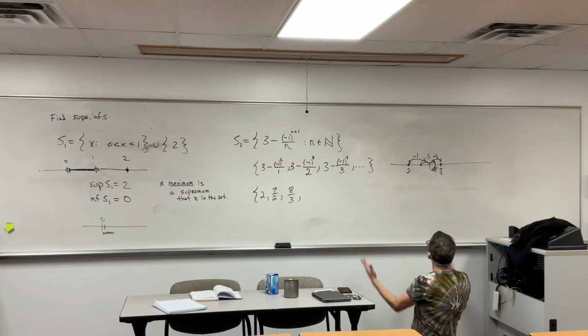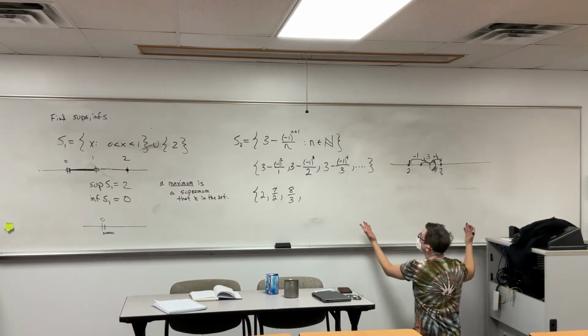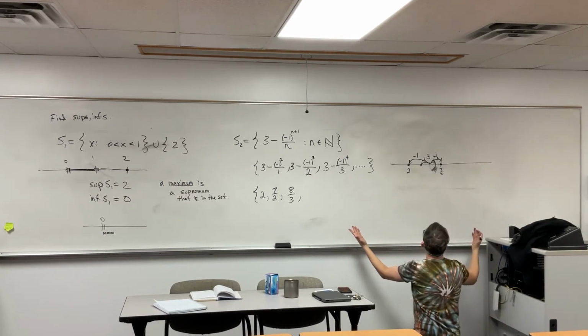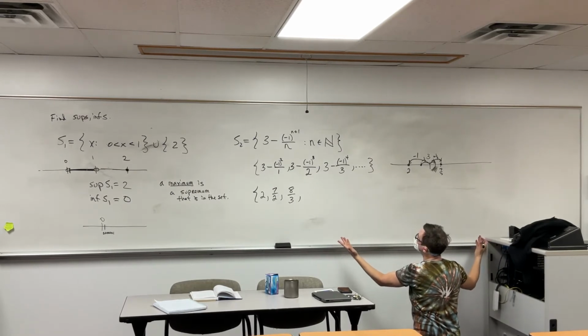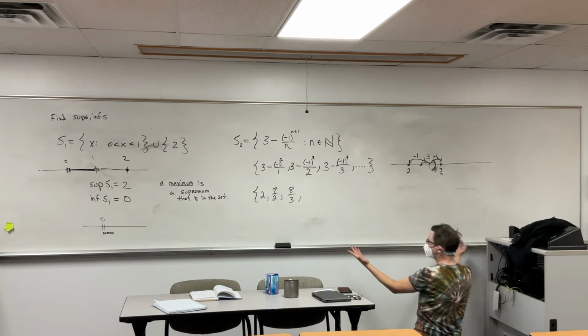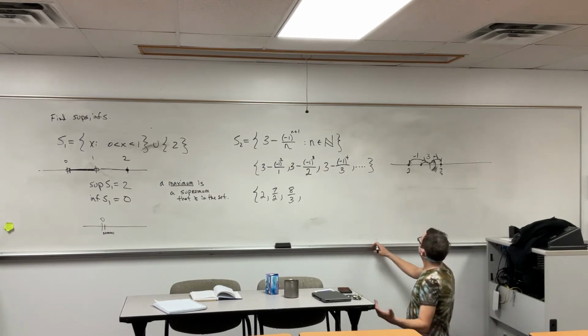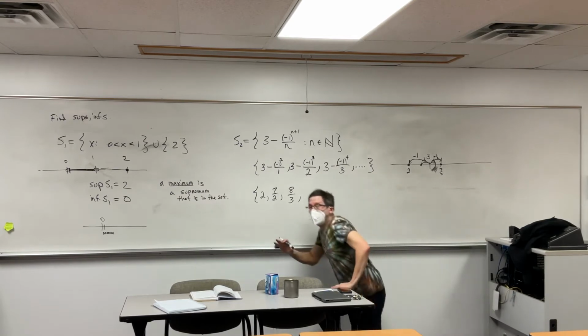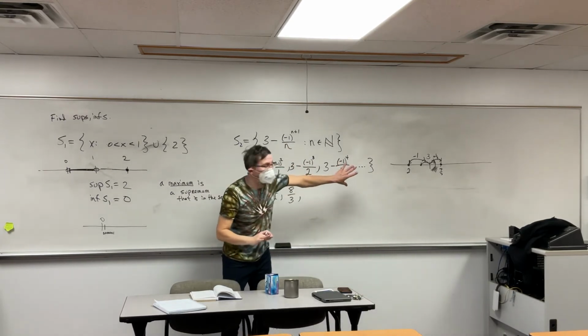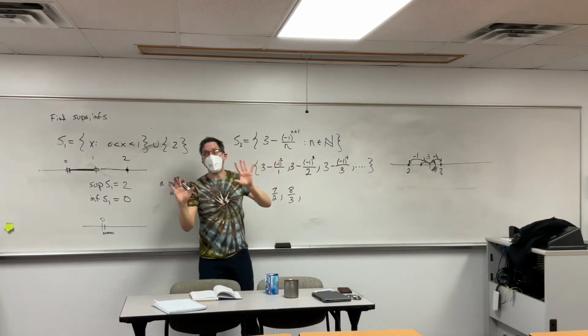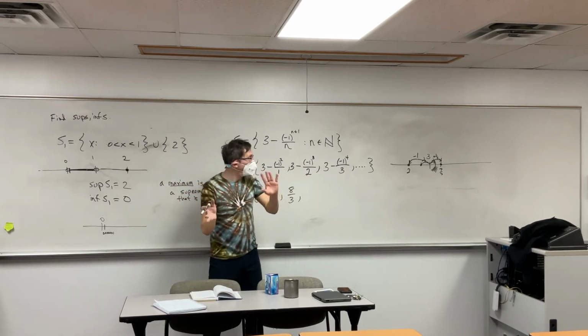So, my set looks like this. Trinity, what is the sup for this set? 7 halves. Yeah, how about the infimum? 2. 2, beautiful. So notice how once I've got the set drawn out, it's actually pretty obvious what the infimum and supremum are.